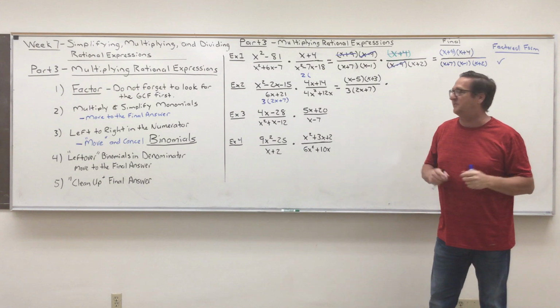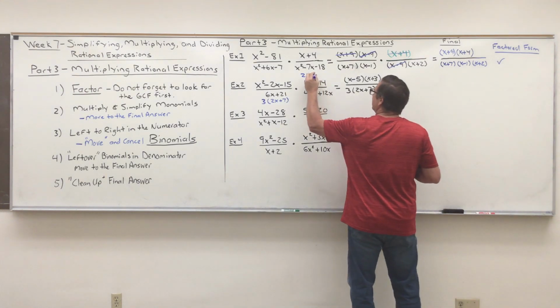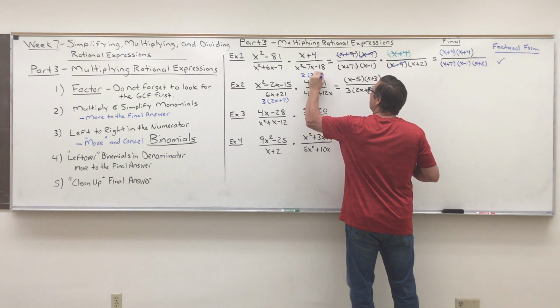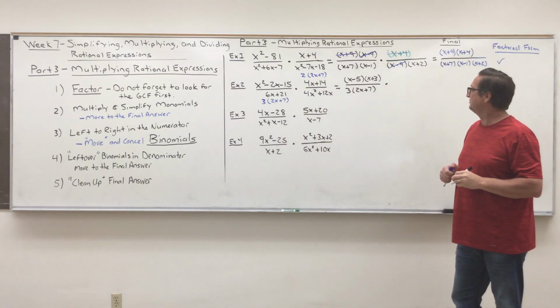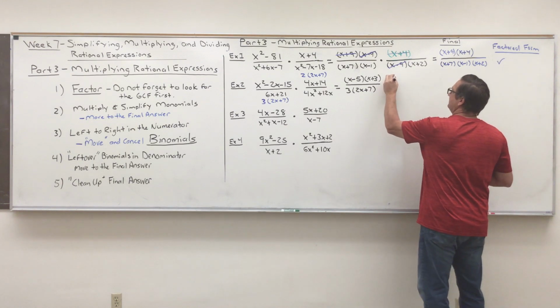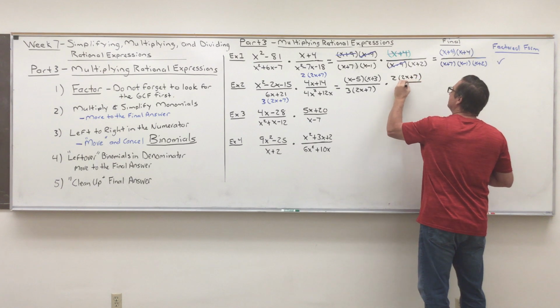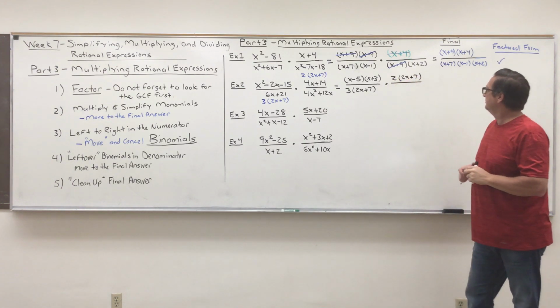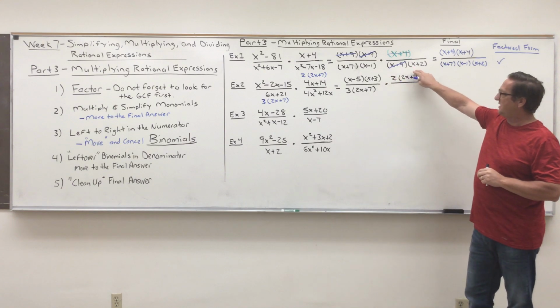Well, it has a GCF of 2. Sorry about that. And to get back to where we started, I get 2x plus 7. So I have 2 times 2x plus 7. I think I'm in pretty good shape.